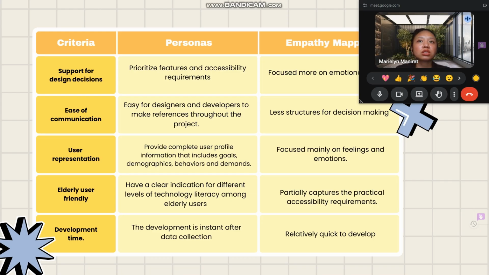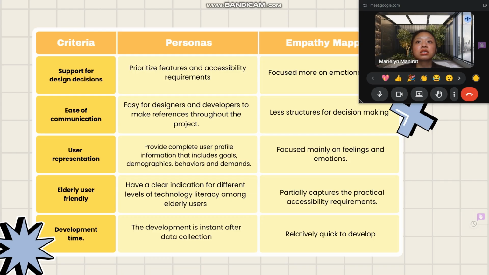For user representation, personas provide complete user profile information that includes goals, demographics, behaviors, and demands, while empathy mapping focuses mainly on feelings and emotional breakdowns. For elderly user friendliness, personas give a clear indication of different levels of technology literacy among elderly users, while empathy mapping only partially captures practical accessibility requirements.